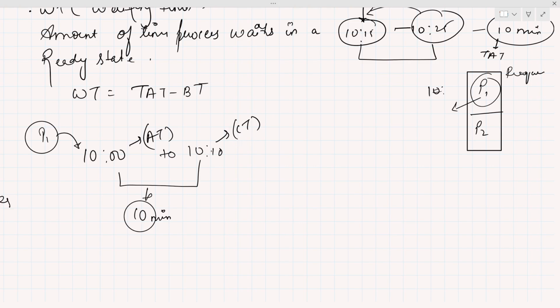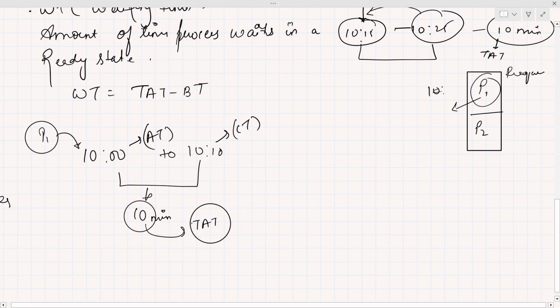The difference between completion time and arrival time means the time the process spends in the CPU, in different states: 10 minutes. These 10 minutes are called the turnaround time. What is the turnaround time? Completion time minus arrival time, or you can say how much time the process has spent in memory, in the CPU or in different states.